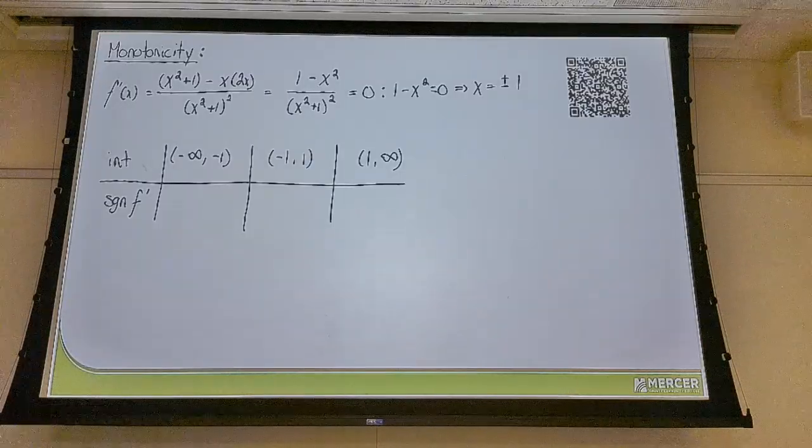Negative 10. If you plug negative 10 in up here, what are you going to get? Negative 10 squared, that's positive. Is that larger than 1? What's 1 minus something larger than 1? Negative.